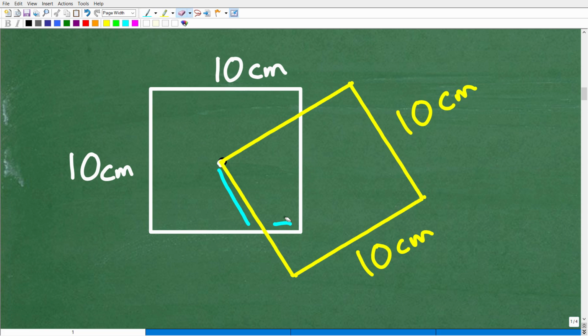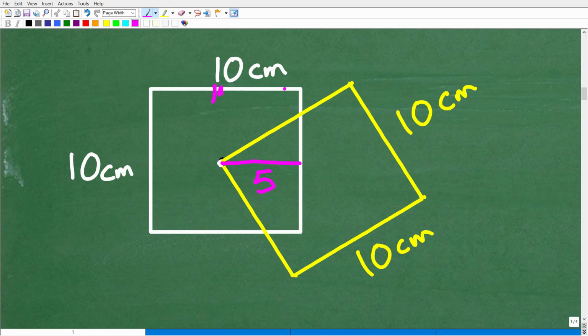So you're like, hey, Mr. YouTube Math Man, this is quite confusing, but hopefully some of you are saying, well, we do know this length from there to there. If this is the center of the square, from here to the side of the square is going to be 5. It's 1/2 of the side of the square, because the center is going to bisect the length of the square.